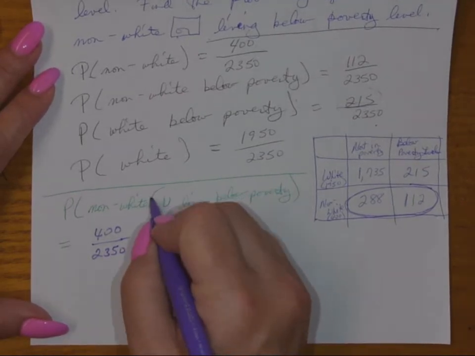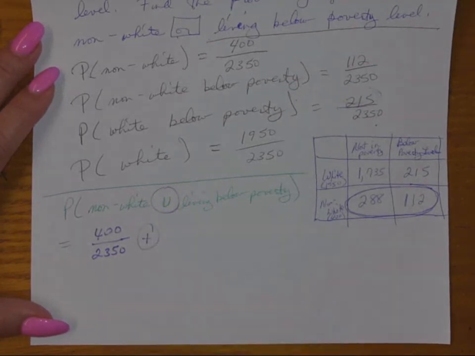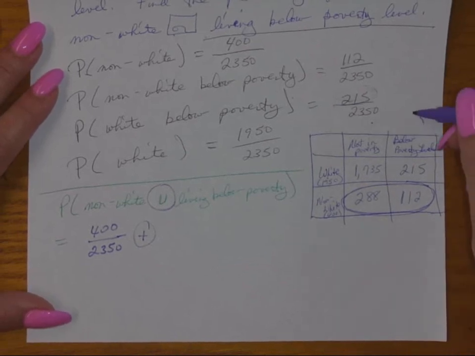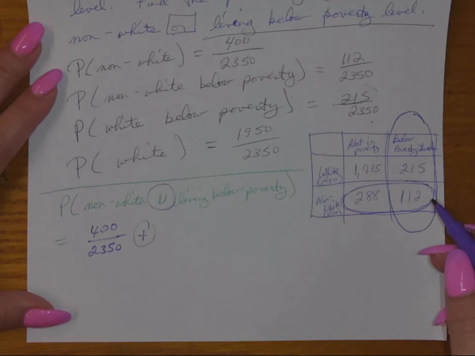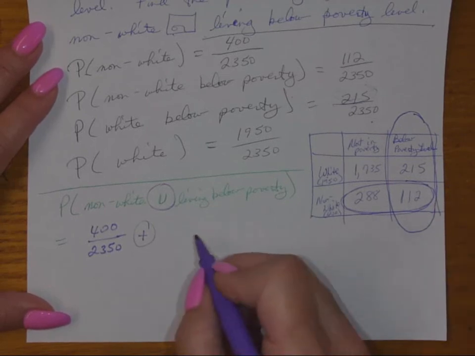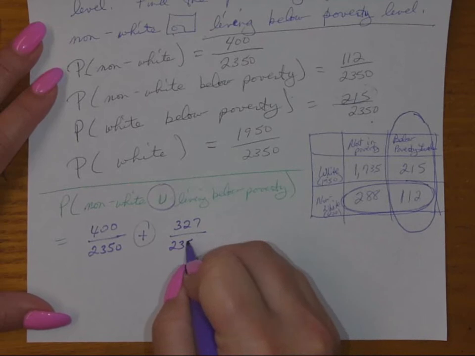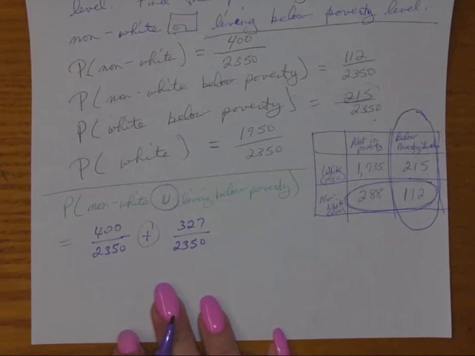Plus, because we're unioning, I'm going to have a plus. I can do this several ways. Normally, people would say, here's all my below poverty people, and they would add those up. If you add those up, it's 327 people below poverty. And you're just trucking right along.